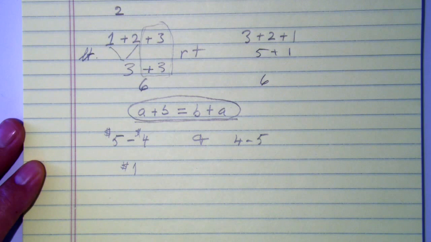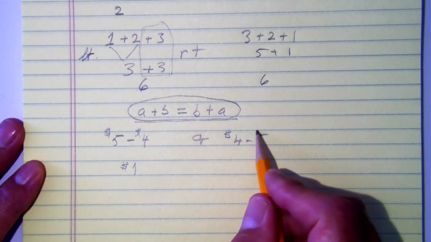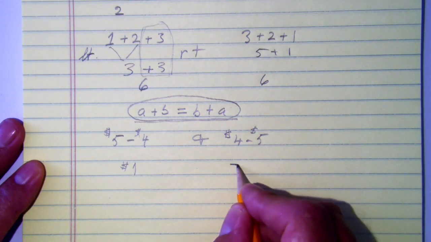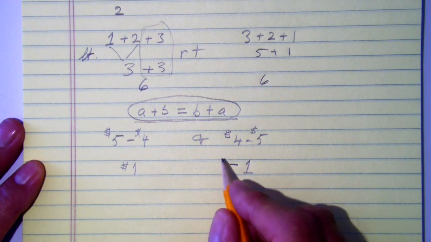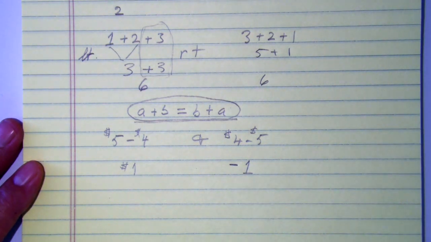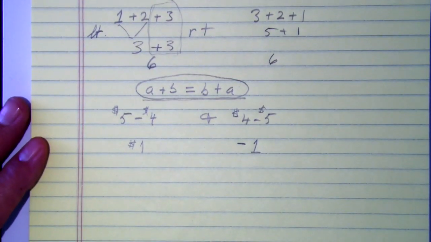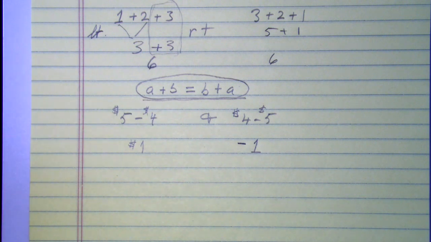But if I have $4 in the bank and I write a check for $5, I'm now short $1. I have an overdraft, and they'll probably hit you pretty hard for that. So you see, there is no commutative law for subtraction. It does not exist. All right?